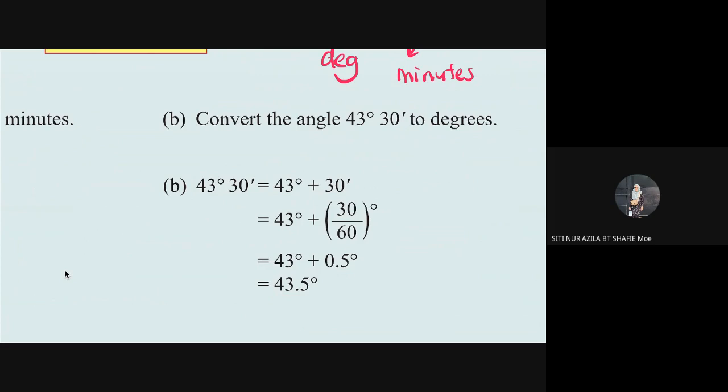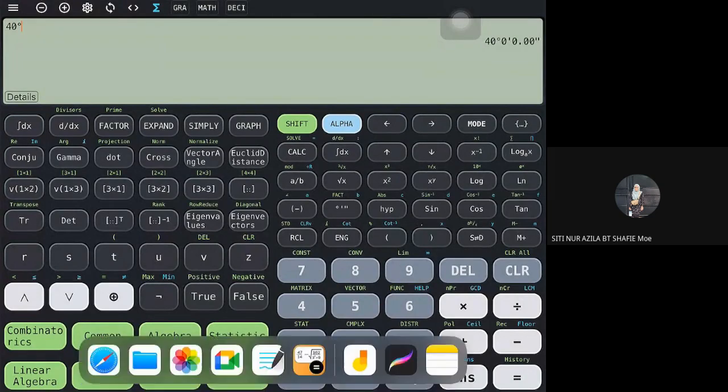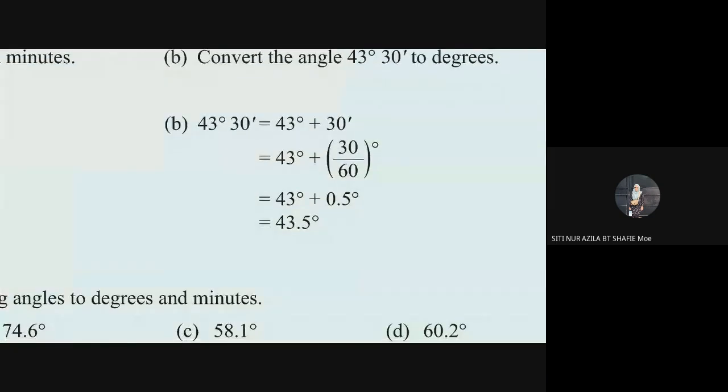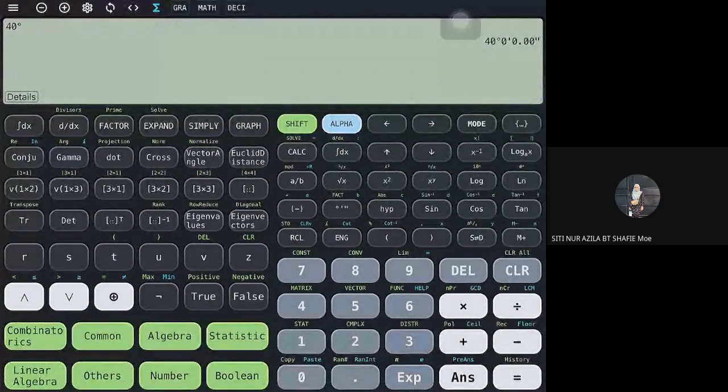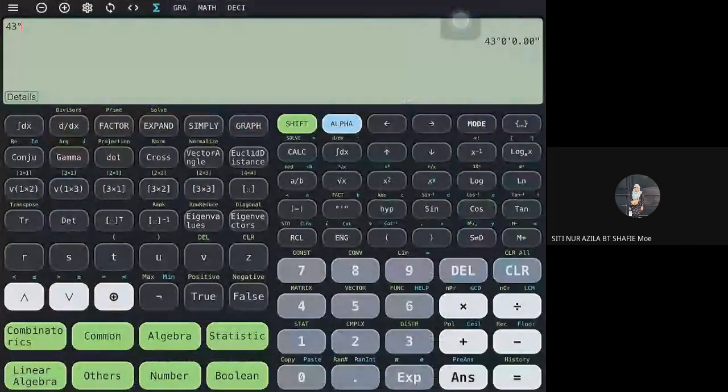How to do this with your calculator instead? Same as before, we are going to use this button. So to write down 43 degree and 30 minutes, 43, 30, use this button again.